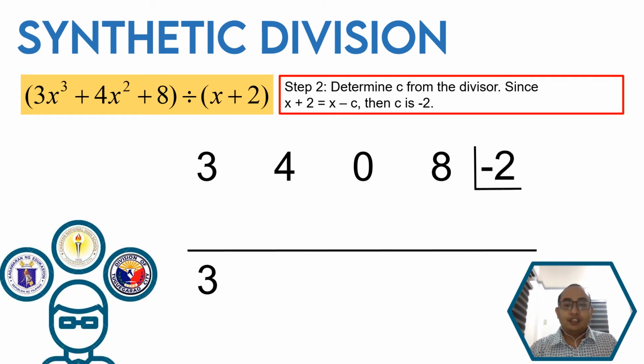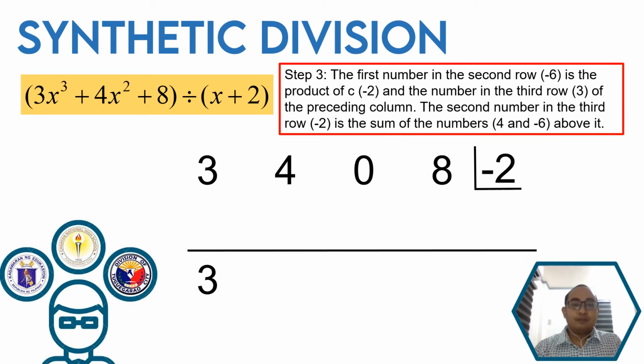And we write negative 2 at the extreme right of our synthetic division. So we have it here, so that c equals negative 2. After this, we can now proceed to step number 3.